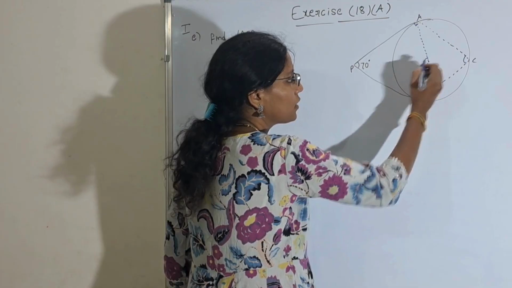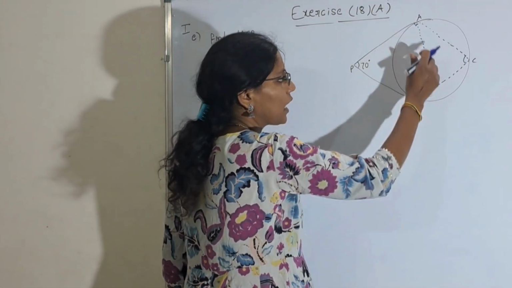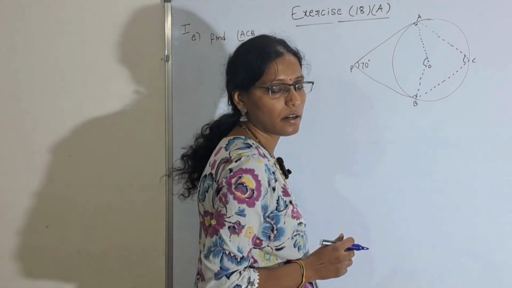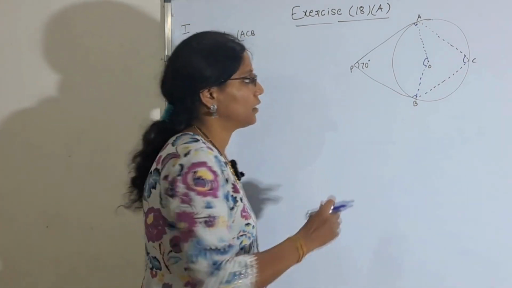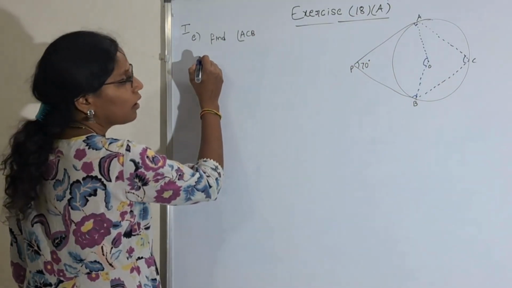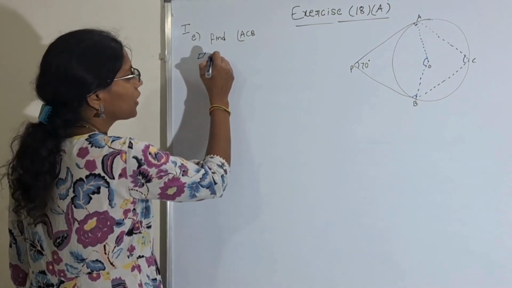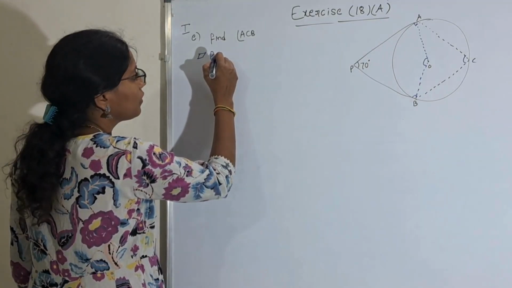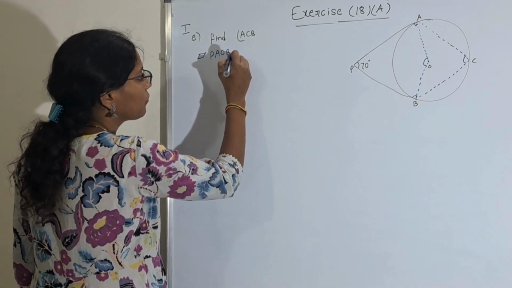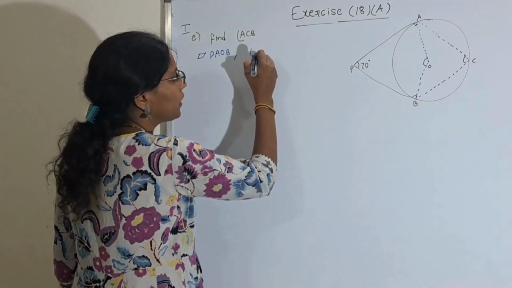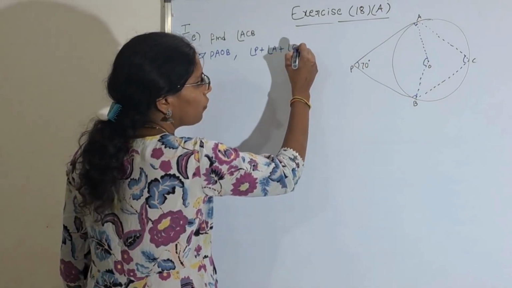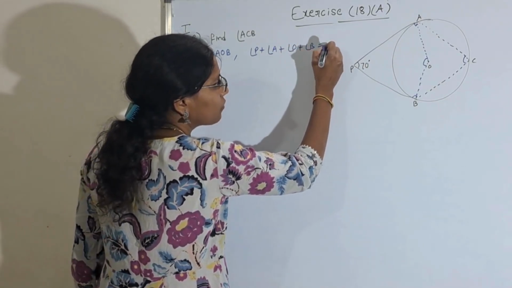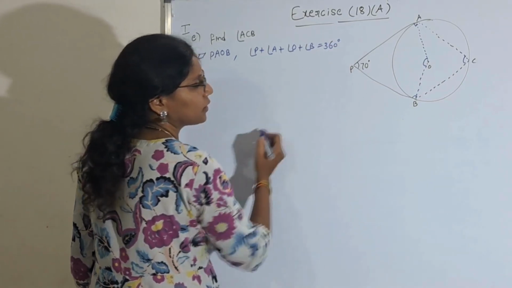Here how many degrees? We have to observe PAOB is a quadrilateral. Sum of all angles in a quadrilateral is 360 degrees. Quadrilateral PAOB: angle P plus angle A plus angle O plus angle B is equal to 360 degrees.